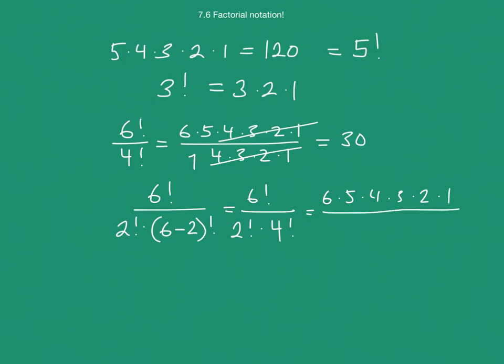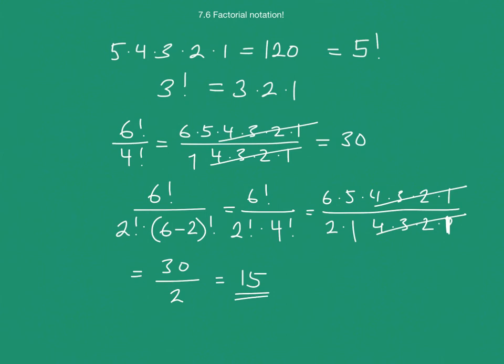And we're dividing that by 4 factorial, which is 4 times 3 times 2 times 1. And we can just strike out these against each other. What we're left with down here is 2 factorial, which is 2 multiplied with 1. And this should be equal to 6 times 5, that's 30, divided by 2 times 1, which is 2. So the answer is 15.